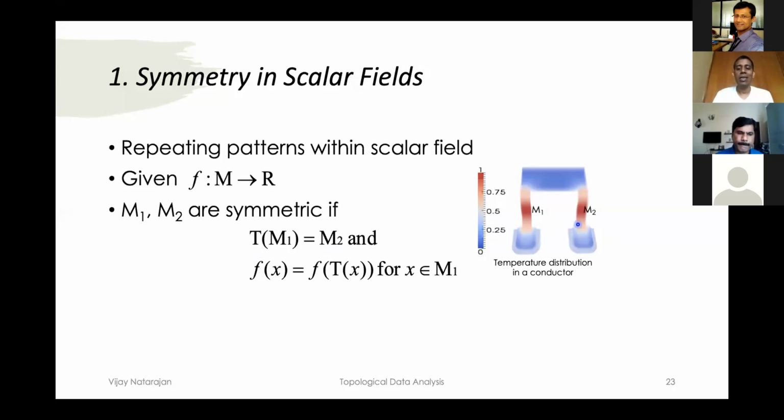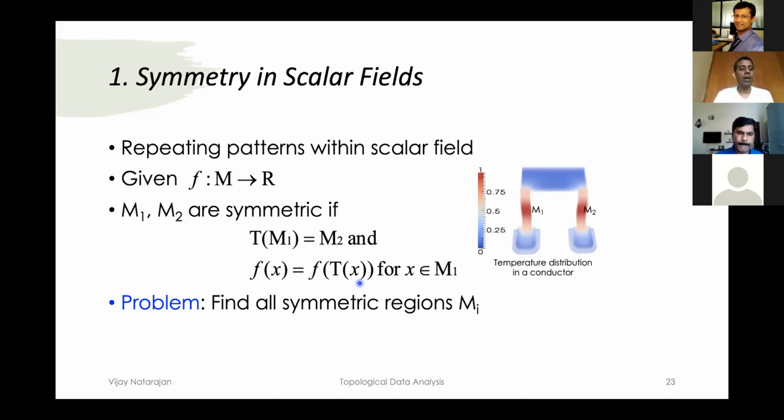It's just a translation. And I would like to see if this translation will also preserve the function values at those points. So if you take a point x in m1 and look at the temperature at that point, I would like f at x to be equal to f at t of x. I want the temperature values to also be preserved by this transformation.